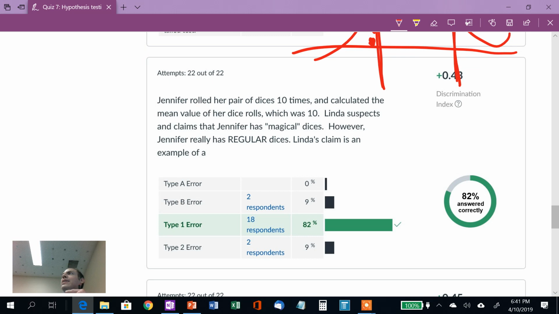Type 1 error is when you make a claim or accuse somebody, or claim there's a difference, but they're really not guilty of that, or there's really no difference. It's making the claim that there's a statistically significant difference, but really there's no difference. Questions on that?